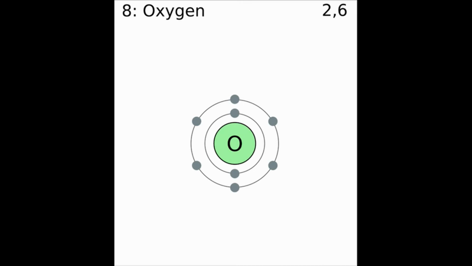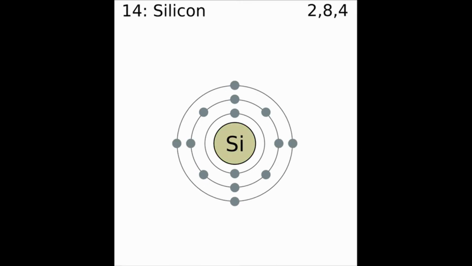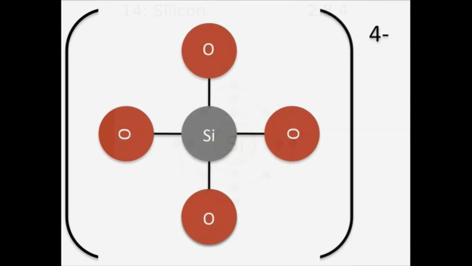So now if I take the silicon, which has 4 electrons, I could actually hook up silicon this way. You see the silicon will be in the middle, and it'll have 4 oxygens around it. And again, each oxygen is -2 charge, right? Because it has 2 extra electrons.